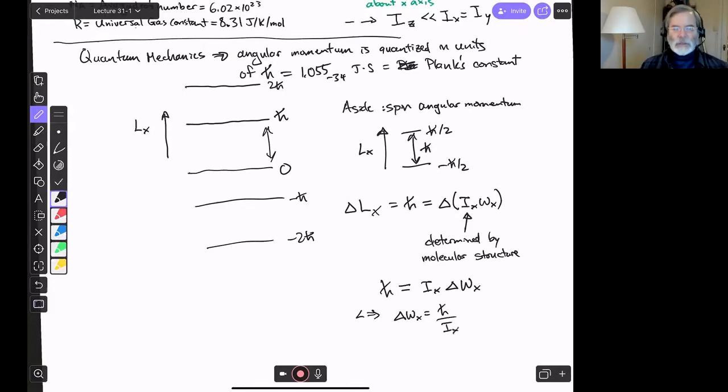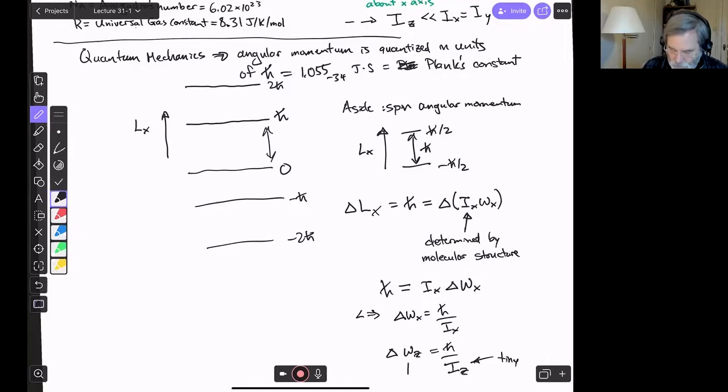So we can see that the spacing between the allowed values of the angular velocity for rotations about a particular axis are inversely proportional to the moment of inertia about that axis. So in particular, that means that the spacings for rotations about the z-axis would be inversely proportional to I sub z, but we argued last time that I sub z is tiny.